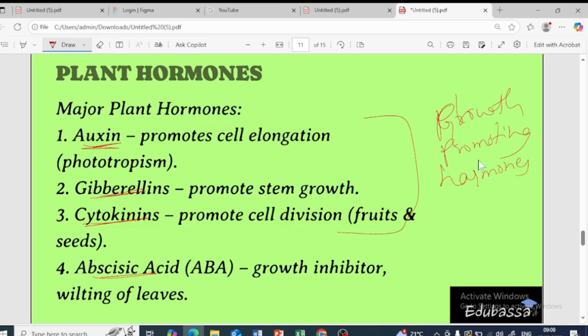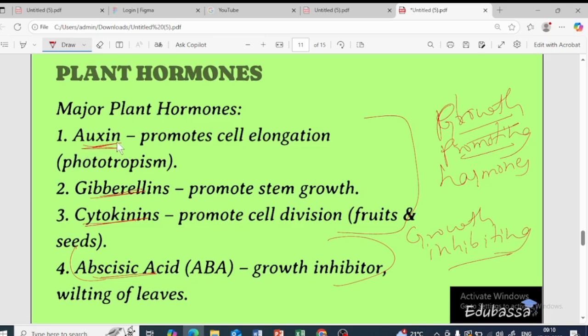As the name itself says, growth promoting, growth increasing hormones. Because of this hormone, the growth increases. Whereas abscisic acid is a growth inhibiting hormone. It inhibits the growth.